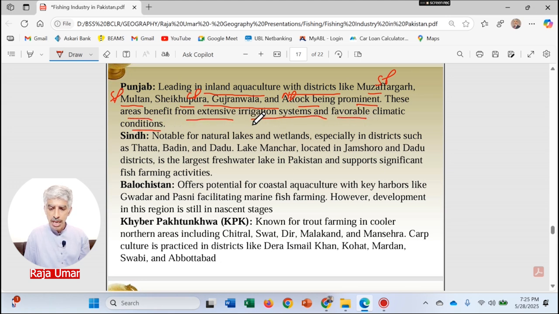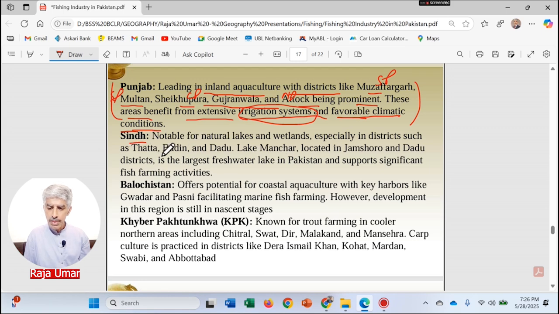These are the plus points, that they have sufficient water supply through the canals and water channels, and favorable climatic conditions. They are really important for the growth of fish. So these are really very important areas of Punjab: Muzaffargarh and Multan in South Punjab, Shekhupura and Gujranwala in central Punjab, and Attak in northern Punjab.